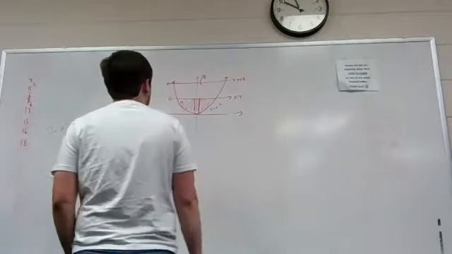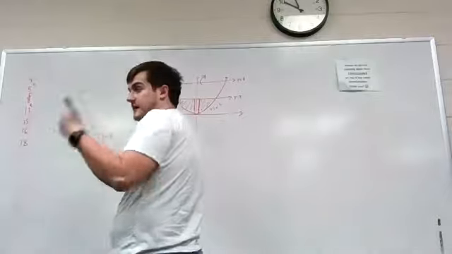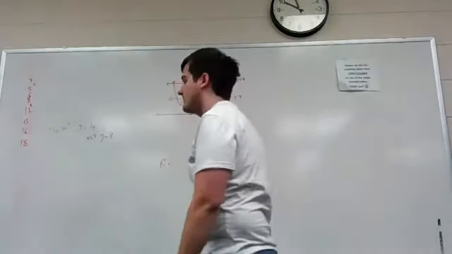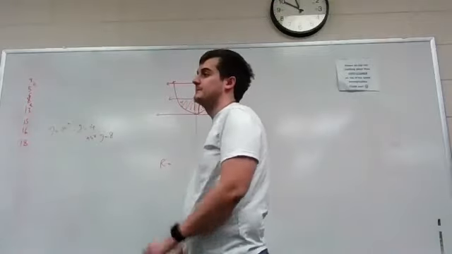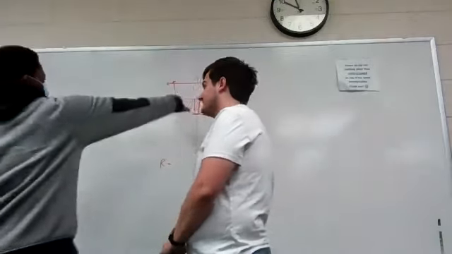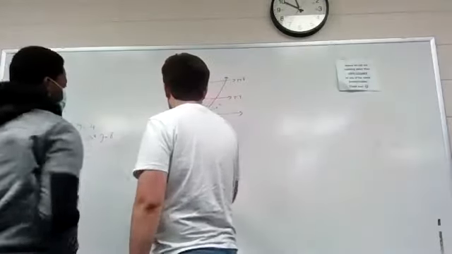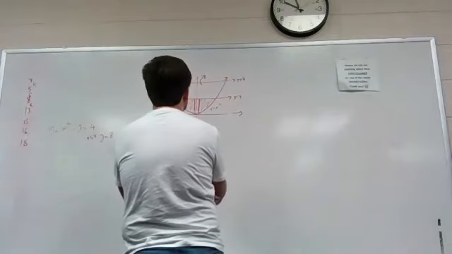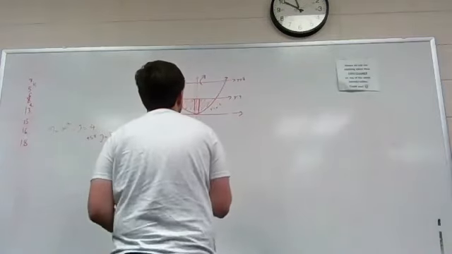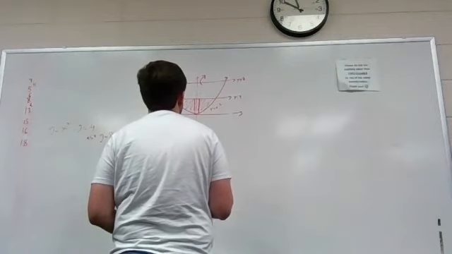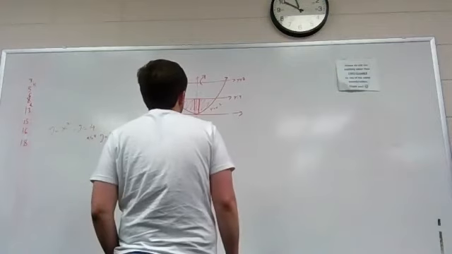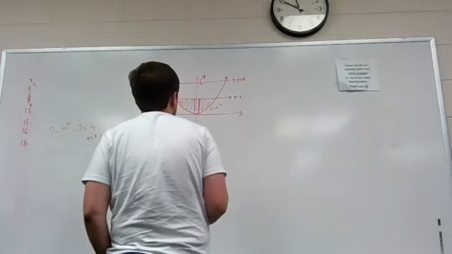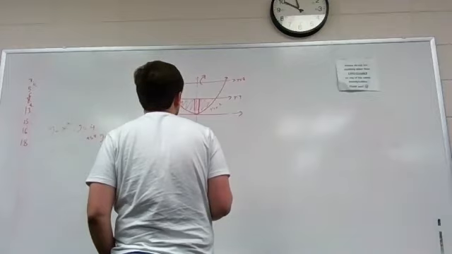So what do we need for washer? We need two things: an outer radius and an inner radius. So what is my outer radius? And why is that? Oh, I guess no. Sorry, I didn't think of it.